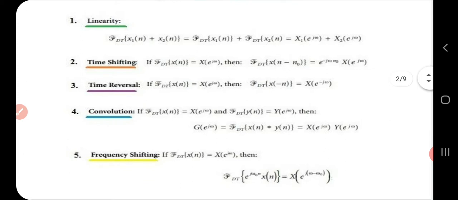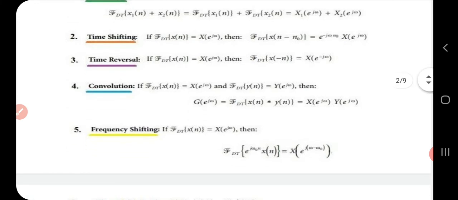Next is time shifting. If DTFT of x(n) is X(e^{jω}), then DTFT of x(n minus n0) will be e^{-jωn0} X(e^{jω}). Here n0 is the shift applied.